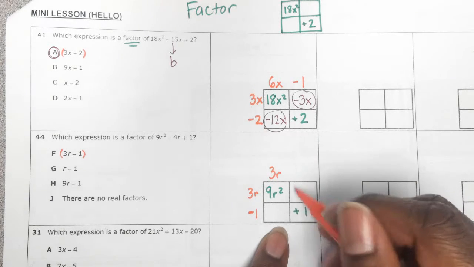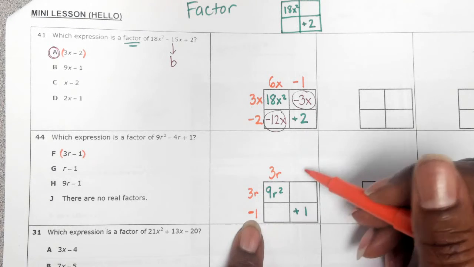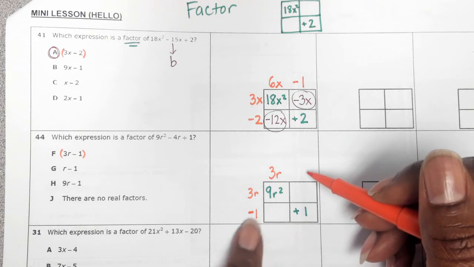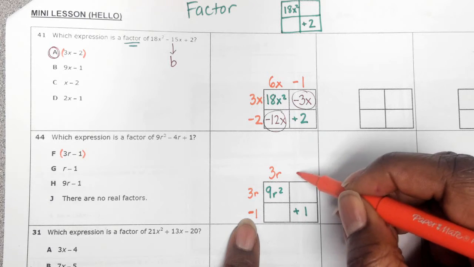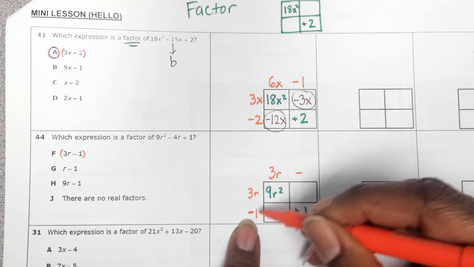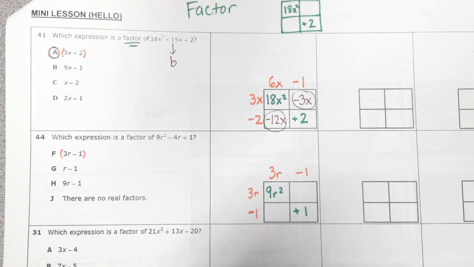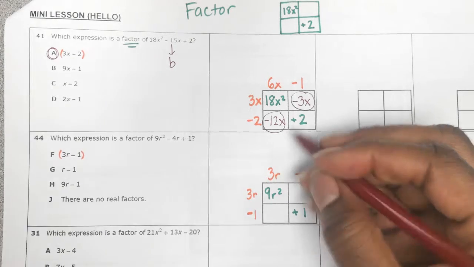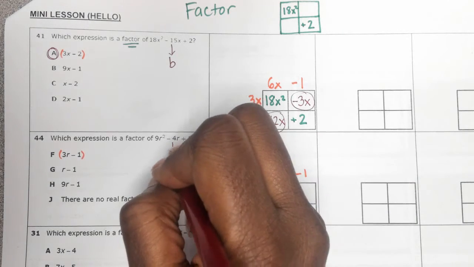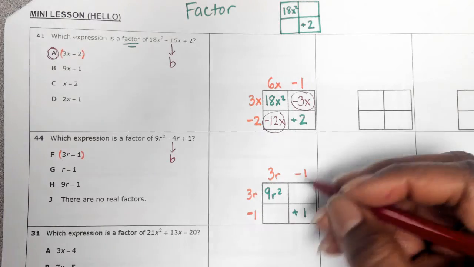So let's see if it's going to keep working. Right here we need negative times a negative, which is definitely a positive, and 1 times 1 gives me 1. So we got it. It looks like everything's working. Don't choose that answer because we need to make sure that these two add up to the B value.